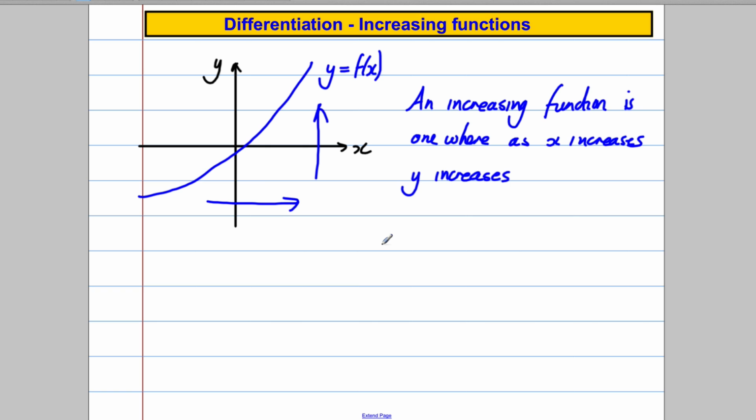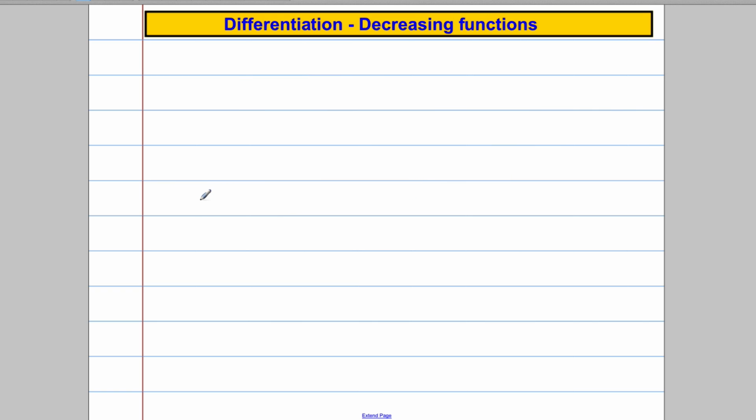We also need to know what a decreasing function is. So on the next slide, could you think of drawing a picture for a decreasing function yourself and give it a definition? I'm going to go through that now in 2 seconds, so just have a think. Well, I think that's fairly straightforward if you know what an increasing function is. A decreasing function is going to be one that does something like this.